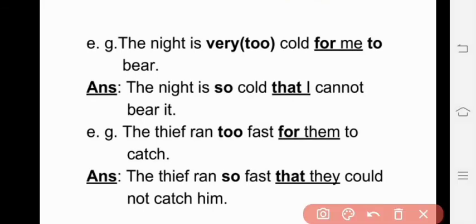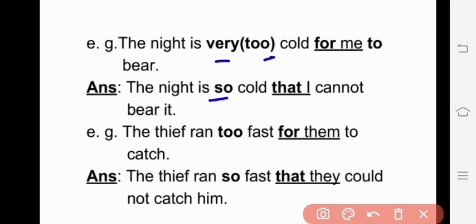These are the examples. When you note it, "for" is given. So we go for that. The night is very hot, very cold. Here "very" or "too": if any sentence contains "very" or "too", the conversion of the sentence with "so that" remains the same. There is no change.